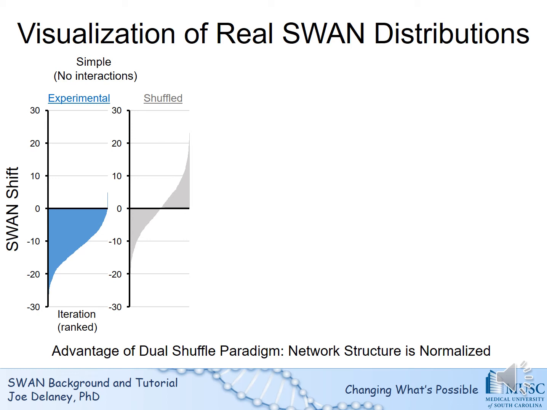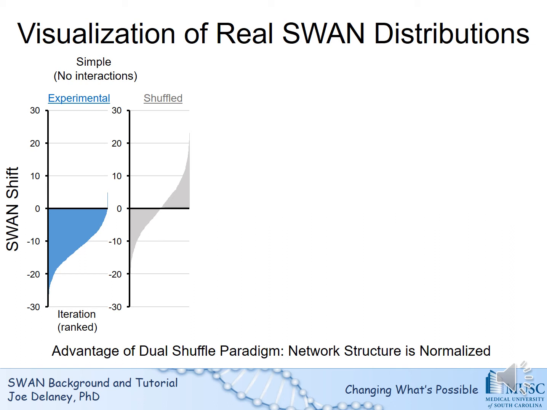And so this is a ranked plot from left to right, from the most shifted negatively to the most shifted positively on the right. And the reason we do this is in the end, this is a Wilcoxon rank sum p-value.